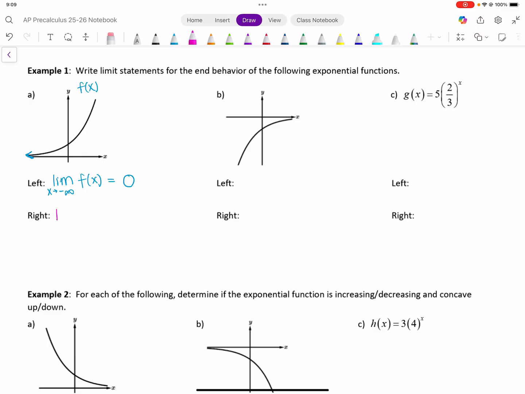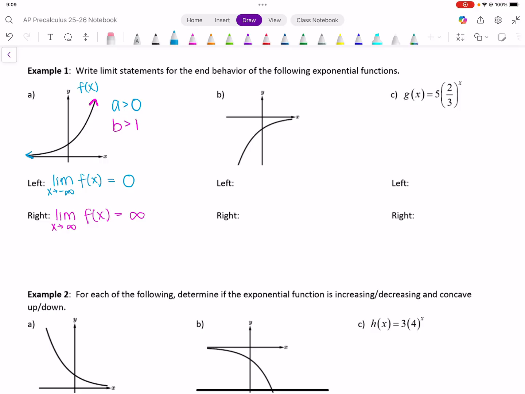And then our right limit, the limit of f of x as x approaches positive infinity, we can see the right side will increase without bound, so our limit equals infinity. So for that one, we have a is greater than 0 and b is greater than 1.